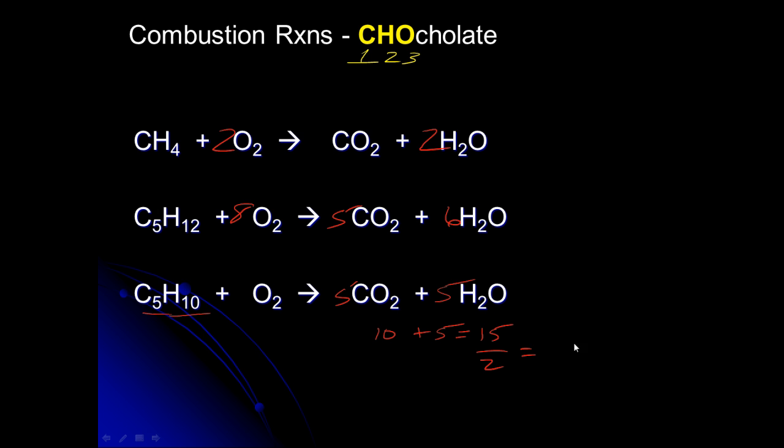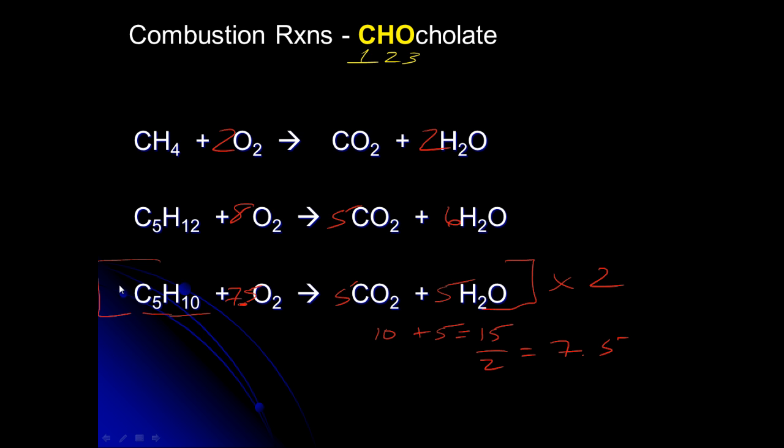So if I divide 15 by 2, I get 7.5. Well, here's a problem. You can't have half of an oxygen molecule. So the way to fix this is to take this whole equation and multiply all my numbers by 2. Okay?